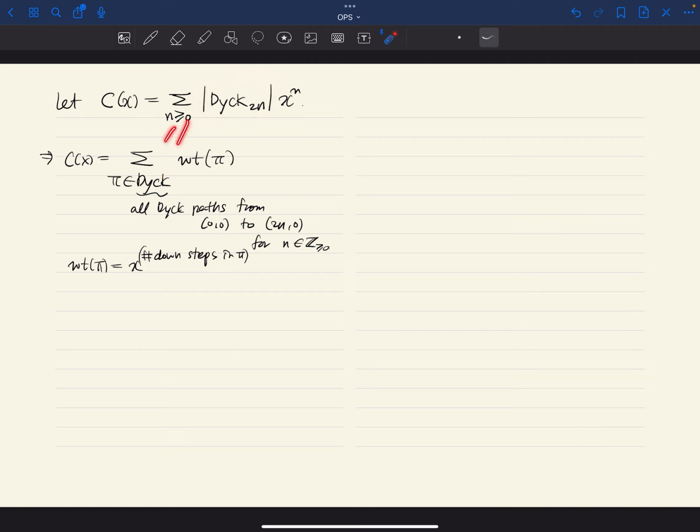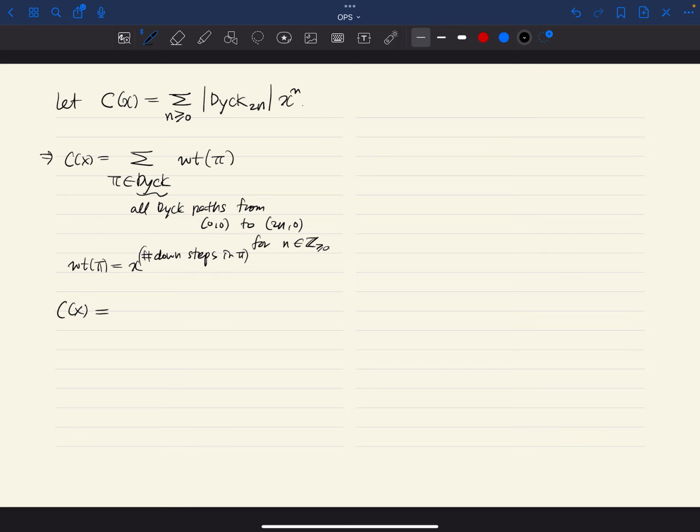Do you see they are equal? Yeah, so I think it's more useful if you consider generating functions in this way instead of just this. This is just a formal definition of the generating function, but even furthermore, you should really think of this as the image of a picture where all the Dyck paths are drawn.